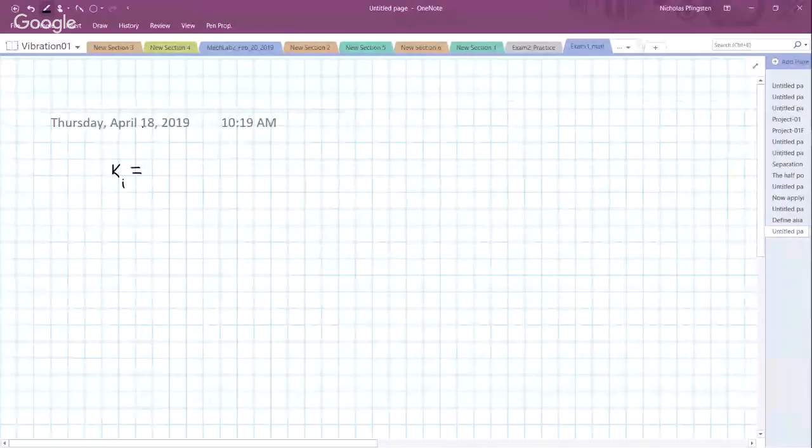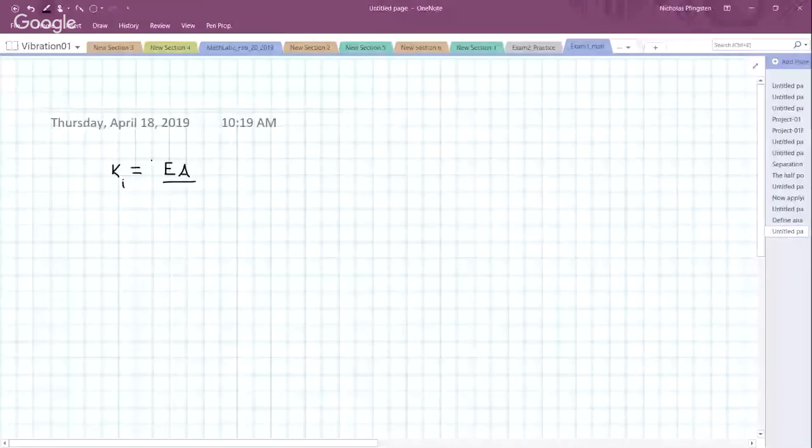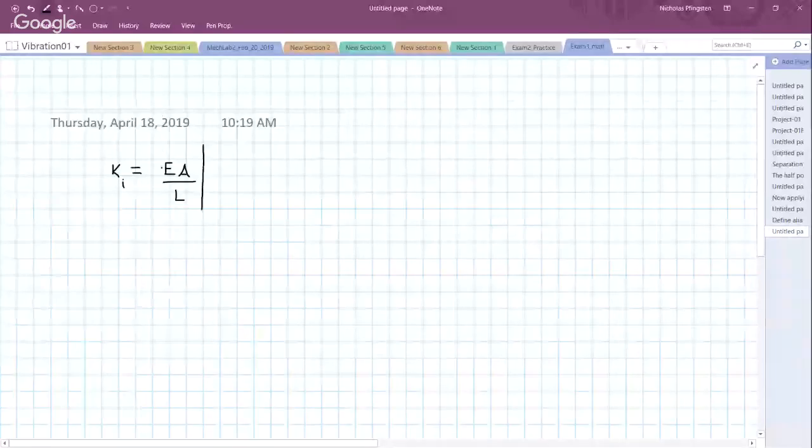Now, truth be told, a bar element only has so many nodes. So, I don't know, pick whatever value.